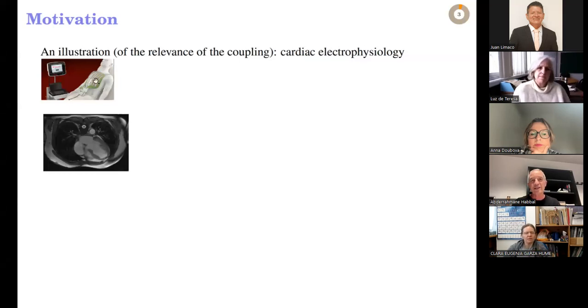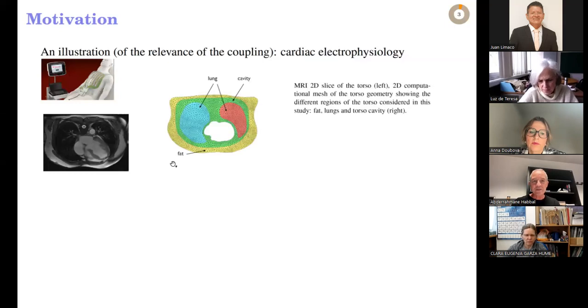The electro vest will impose an electric potential on the chest, and at the same time it will measure the induced electric current intensity, but only on this vest. And of course, in cardiac electrophysiology, we are interested in the electrical activity of the heart, and the heart is not accessible unless we do invasive surgery.